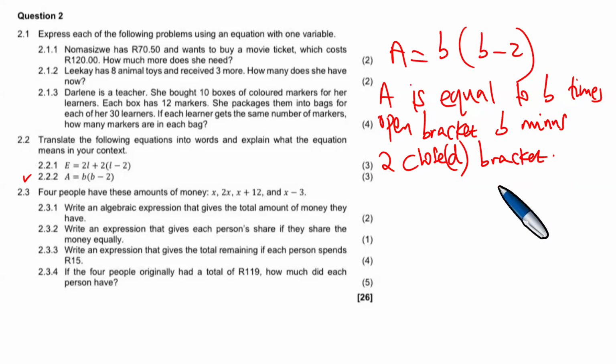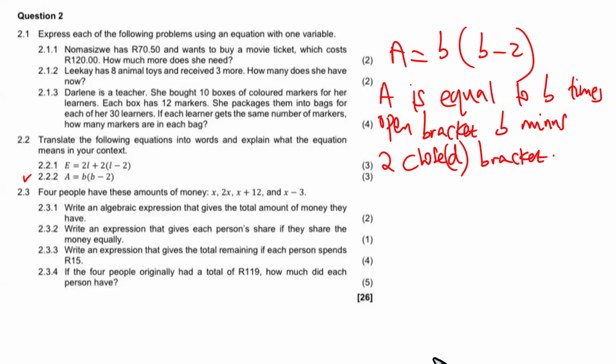I feel using the brackets makes it more accurate. Somebody could say A is equal to B times B minus 2, but when you say open bracket, you are giving them a light that there is a need to put a bracket.